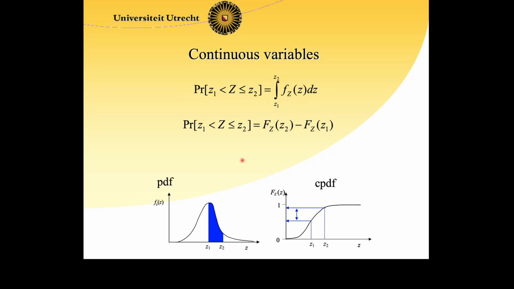Or we can get the same from the cumulative probability distribution function. We take the probability that Z is smaller than z2, subtract the probability that Z is smaller than z1, and that difference is exactly the area underneath here, and is exactly the probability that Z is in between z1 and z2. So two sides of the same coin.